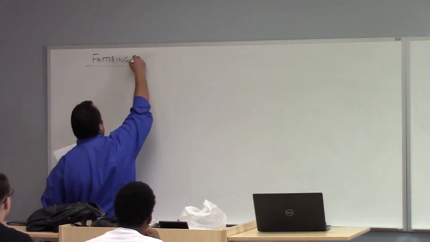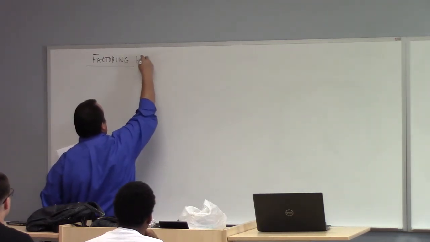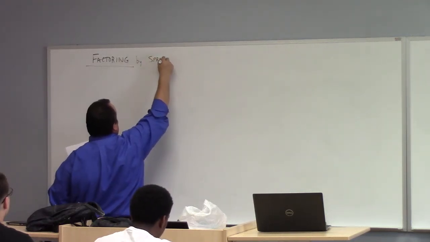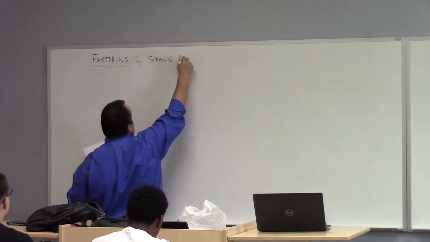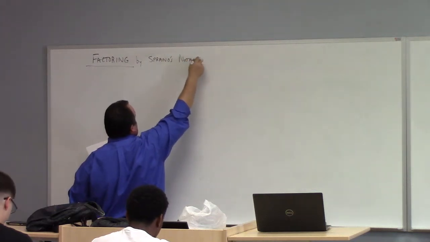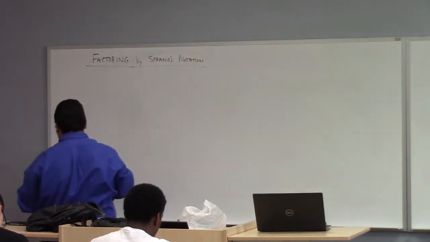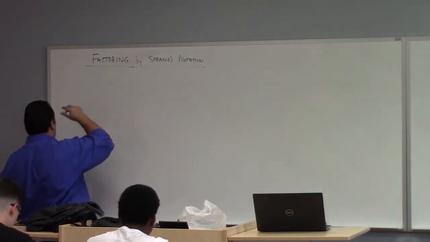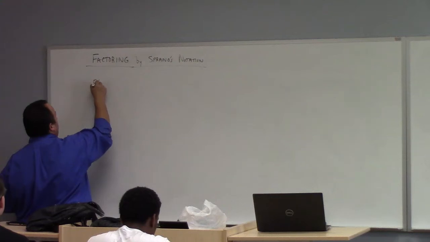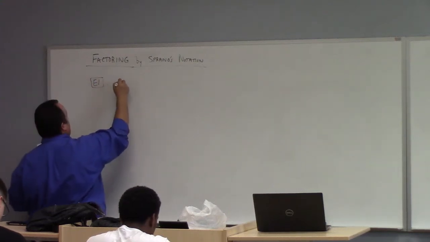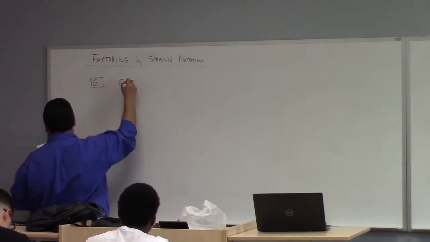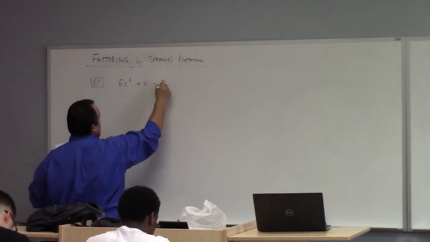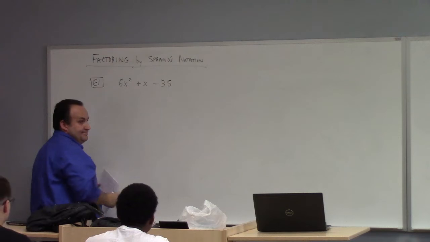This is Dr. Sprano's notation. Let me show it to you here. Suppose we wanted to factor, I don't know, 6x squared plus x minus 35.